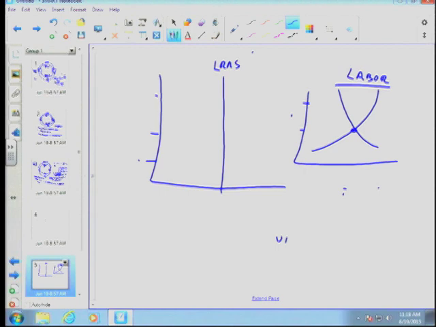If this is the labor market, over the course of time, if no changes are made, eventually we will go to this point. Is there any unemployment when we are in equilibrium? Remember, unemployment is a surplus of labor.